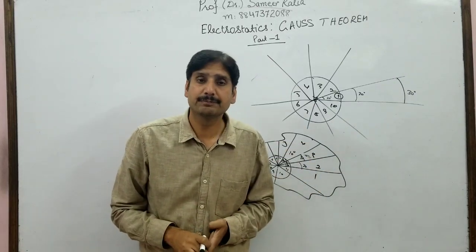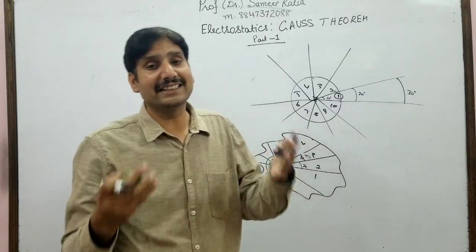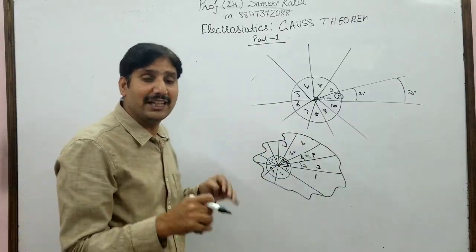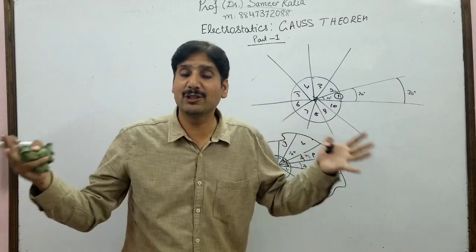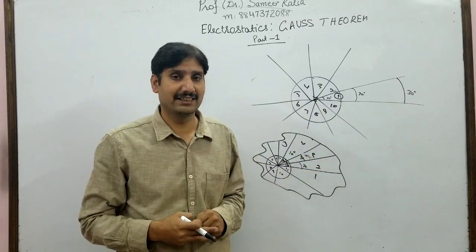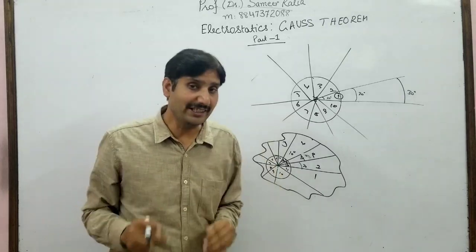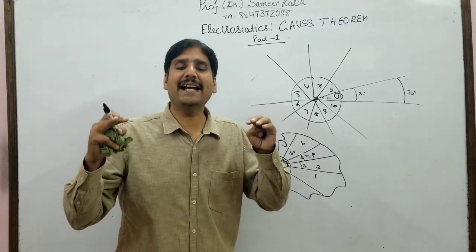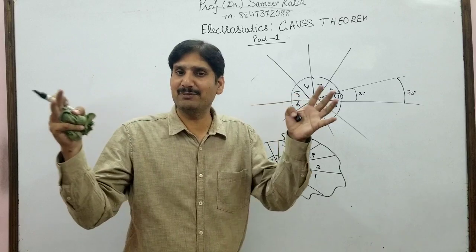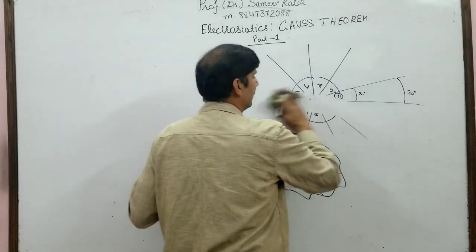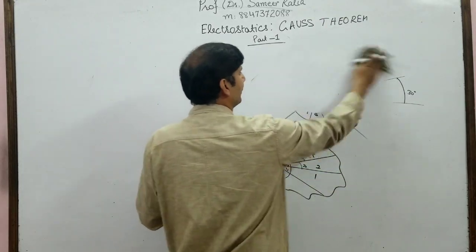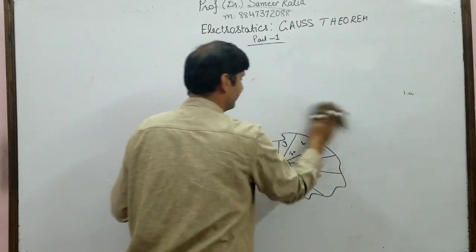The sum of all these angles would again be equal to 2 pi. Now, again, generalize this to any arbitrarily shaped closed surface. What is the total solid angle subtended by that arbitrarily shaped surface at a point inside it? You know how to do it now.